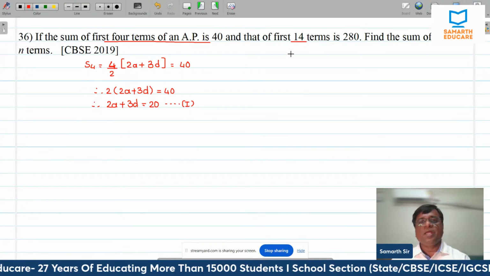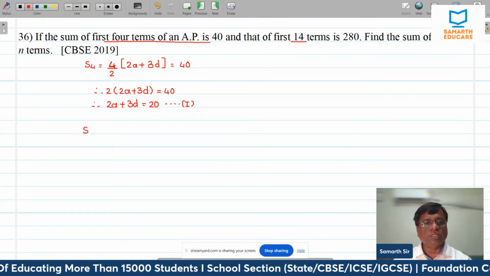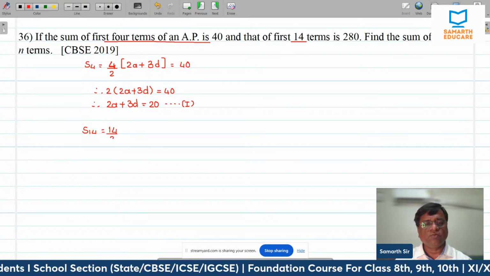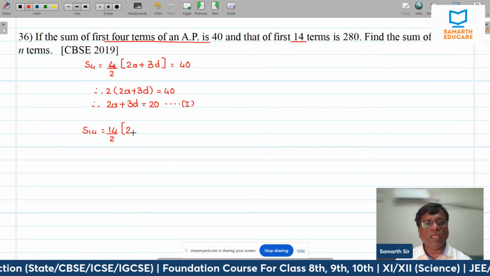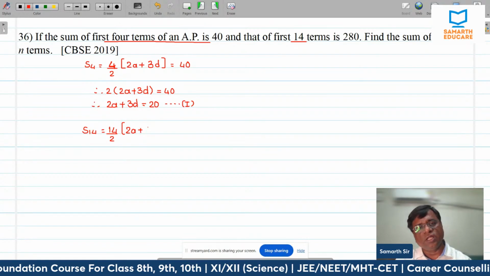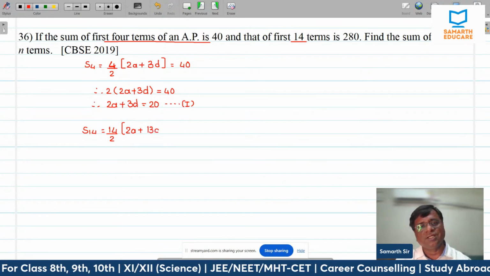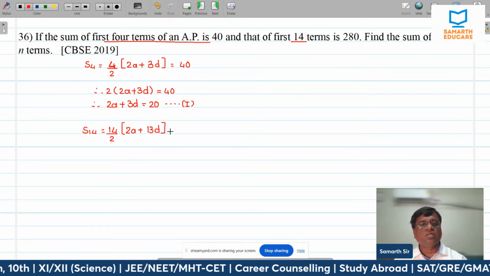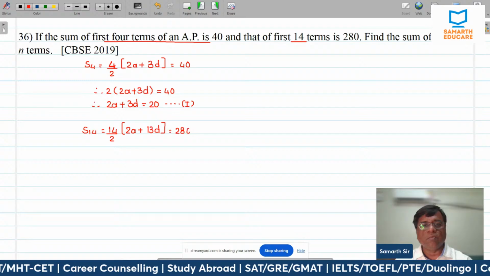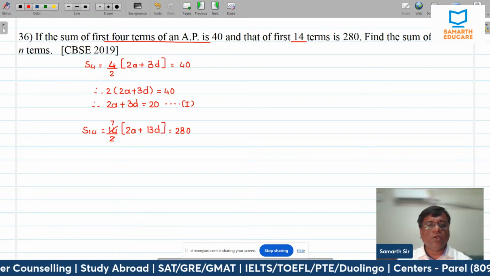All right. Then he says the sum of first 14 terms, that is S14, is n upon 2, that is 14 upon 2, into 2a plus n minus 1. N is 14, so n minus 1 is 13, is equal to, that is given to us as 280. 14 divided by 2 is 7.